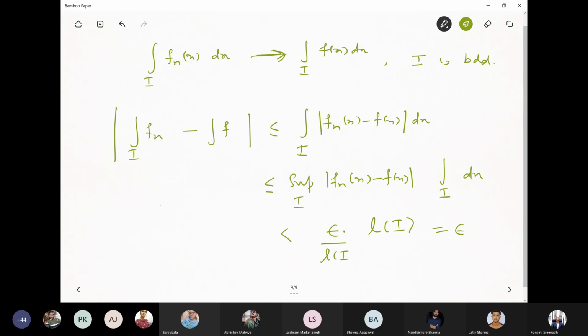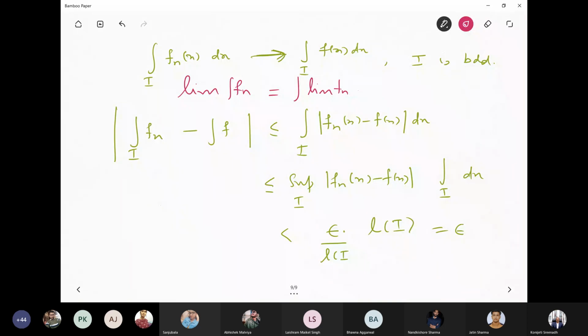Equivalently, the limit of the integral of Fn is the integral of the limit of Fn. So if Fn is a sequence of continuous functions, and if Fn converges to F uniformly, then F becomes a continuous function, and you can take the limit inside the integral.